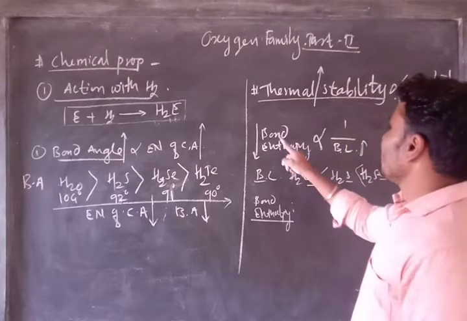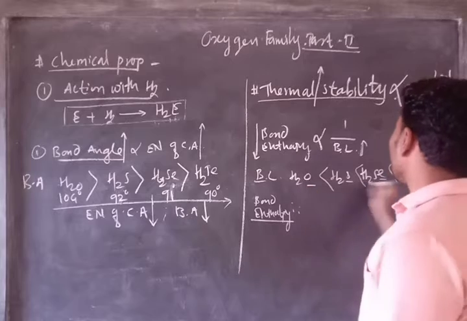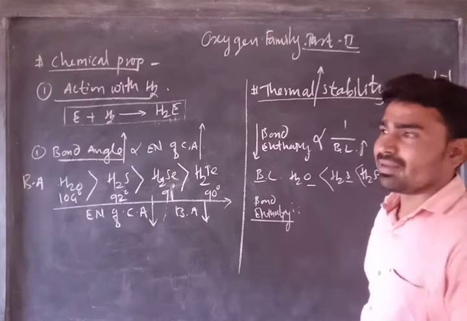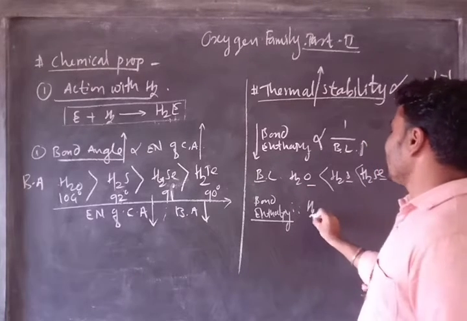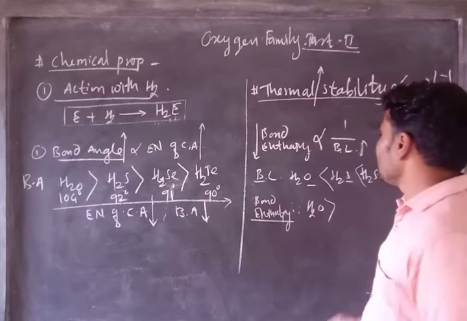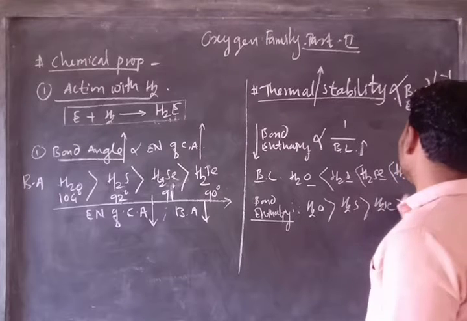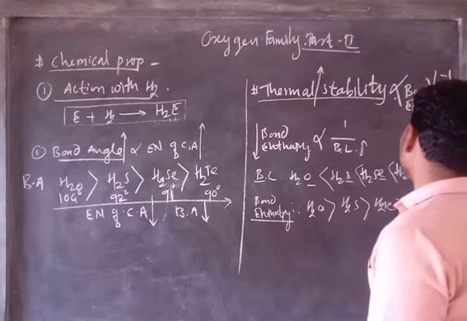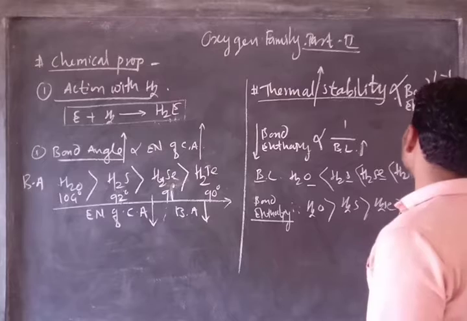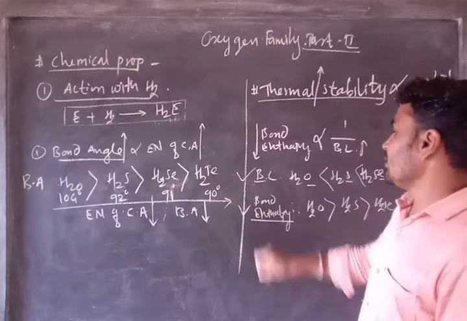As bond enthalpy is inversely proportional to the bond length, the above order gets reversed. The bond enthalpy of water is the most, then H2S, H2Se, H2Te and H2Po. So here we get the order of bond length and bond enthalpy.